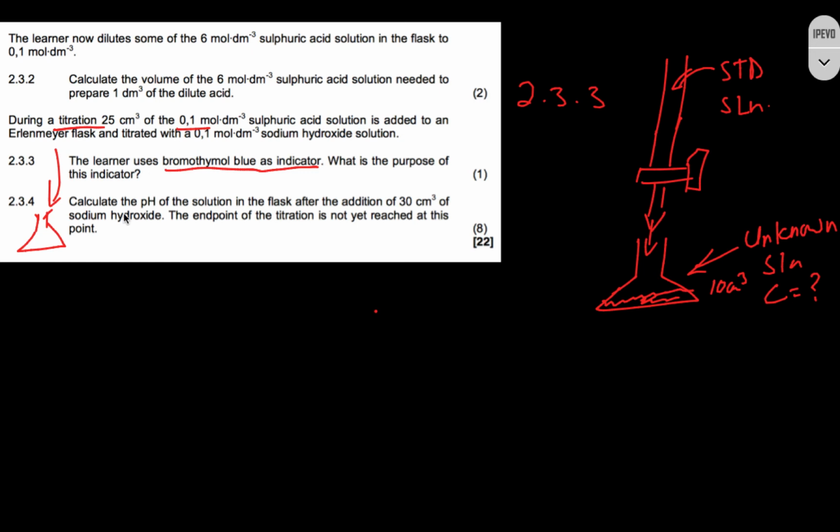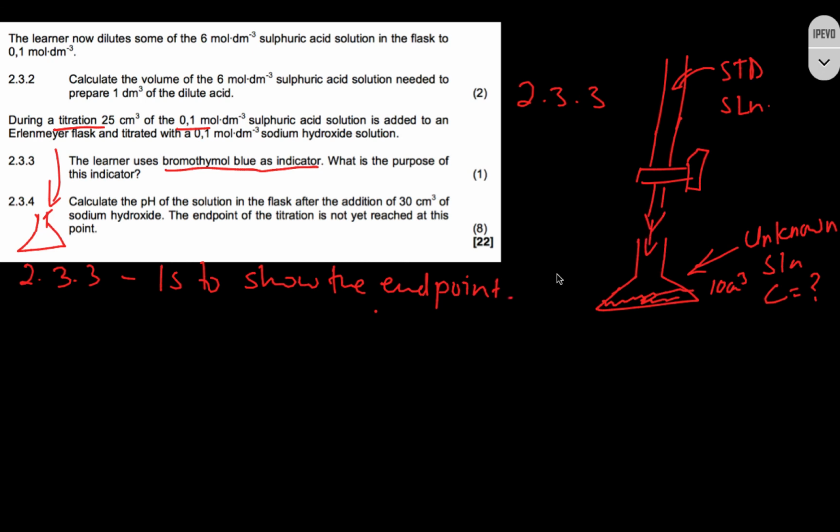So in 2.3.3, the indicator is to show the end point. The end point is the position in a titration where all the acid has been totally neutralized if you are titrating an acid with a base, or the point where the base is totally neutralized with an acid if you're titrating a base with an acid.